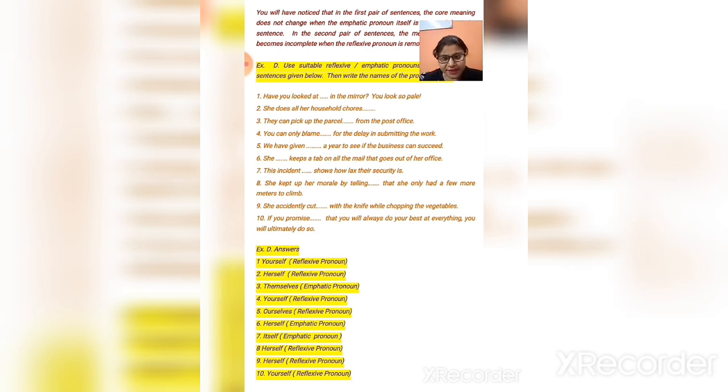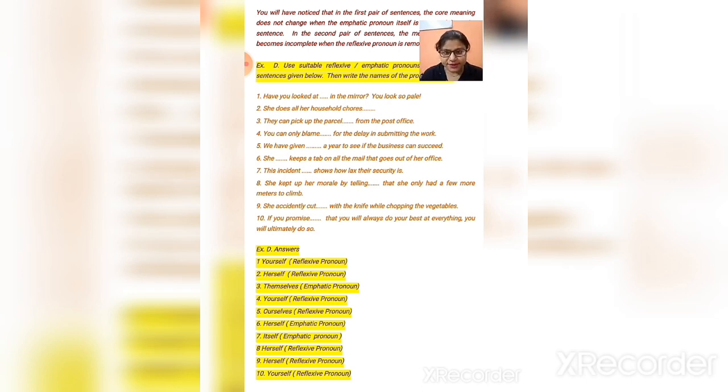Second says, she does all her household chores. The answer says she, so definitely here it will be herself. She does all her household chores herself. And then it is a reflexive pronoun again.